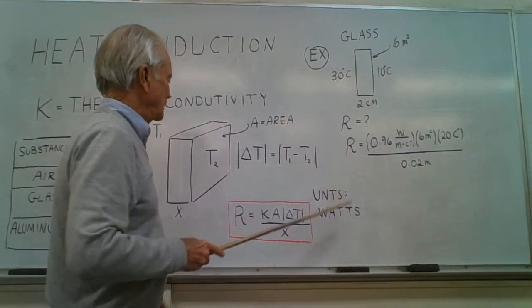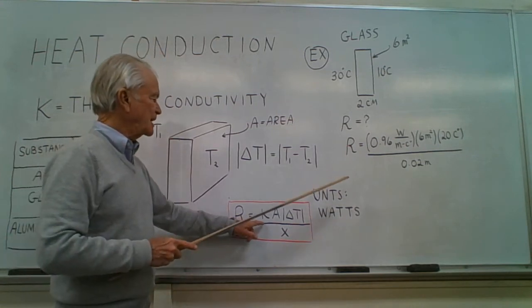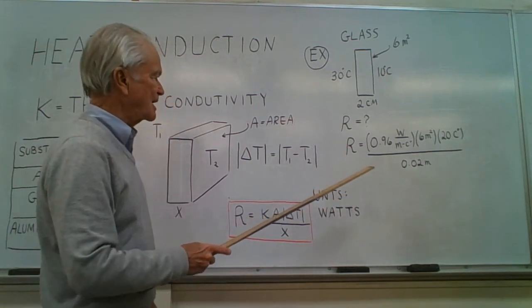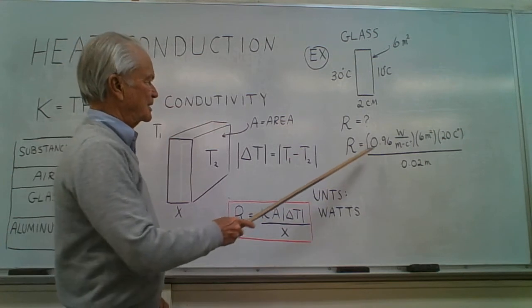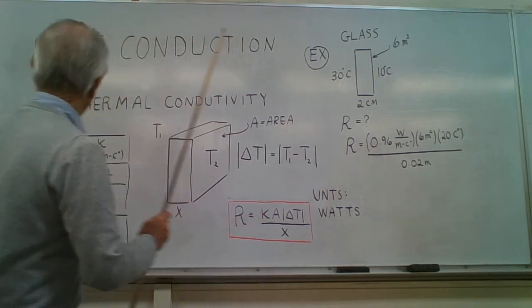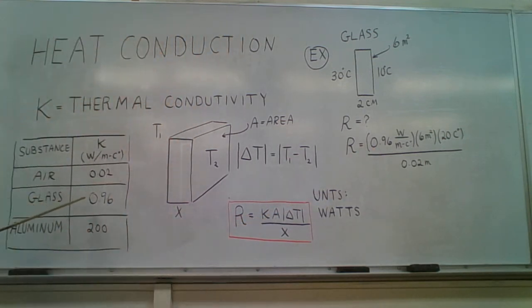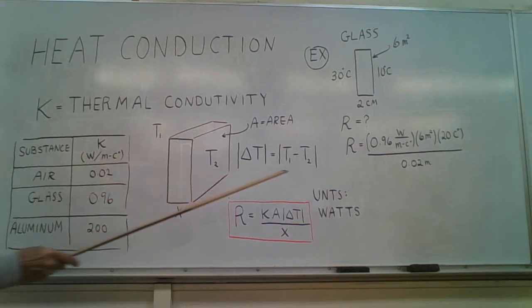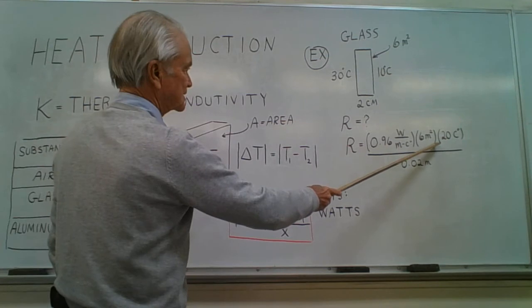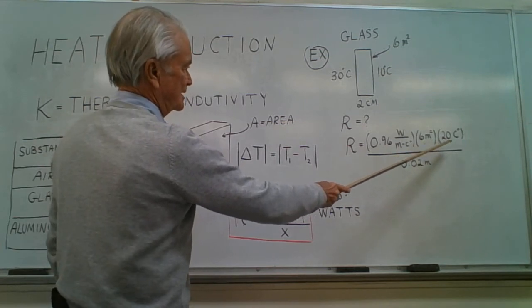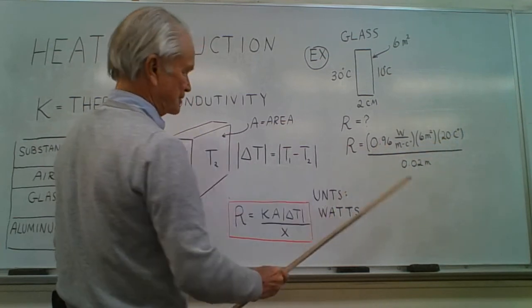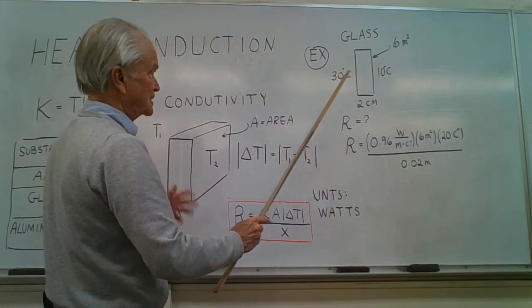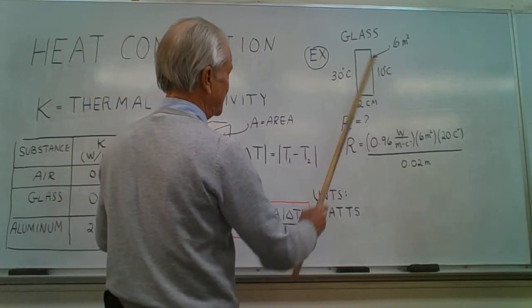Well, we use the equation shown here, K A delta T, absolute value. There's your K taken from this table, measured in watts per meter Celsius degree. Area 6 meters squared. 20 Celsius degrees is the difference in the temperatures, 30 versus 10.